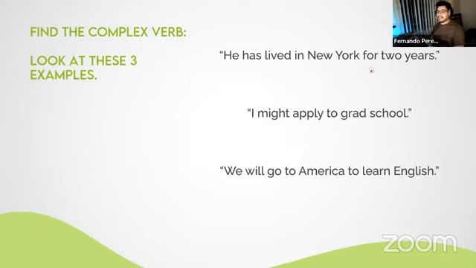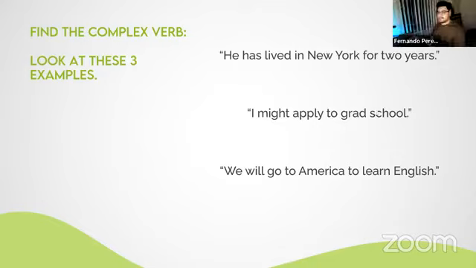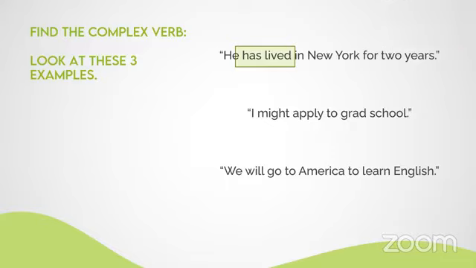He has lived in New York for 2 years. Caesar, what's the verb in the first example? Has lived. You are correct. That's the verb. Very good. Laurita, what's the verb in the second example? The verb is apply.